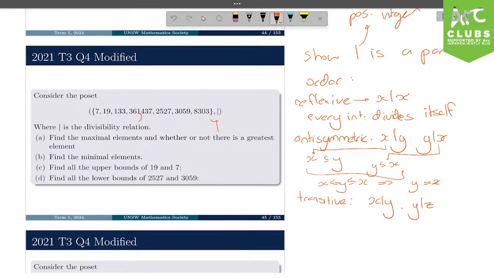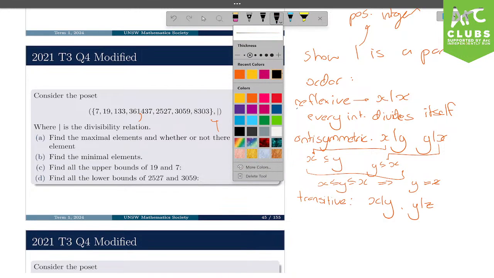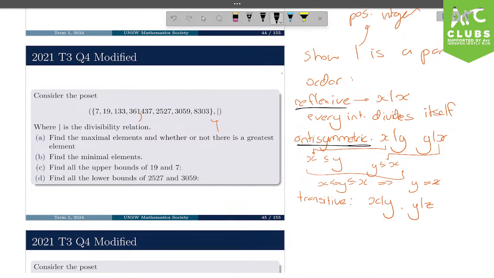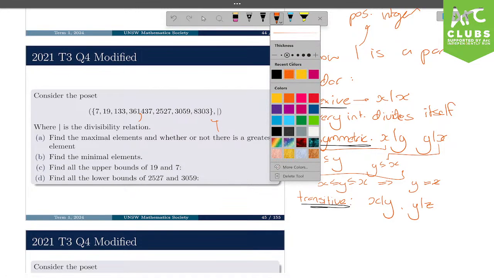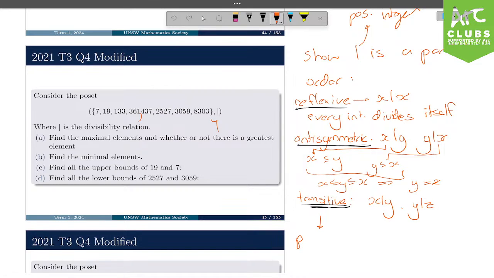So we can just eyeball it. Yep, this is transitive. So it satisfies all three: it satisfies reflexivity, it's anti-symmetric, and it's transitive. So that means that it is a partial order. So we know divisibility is a partial order.